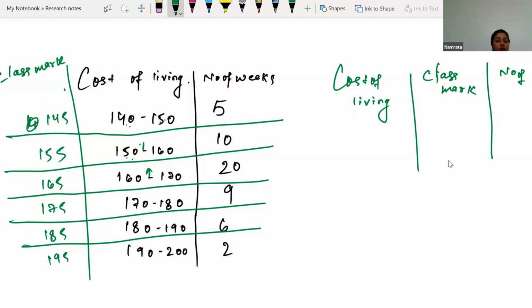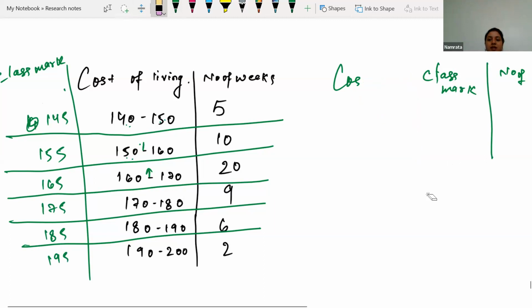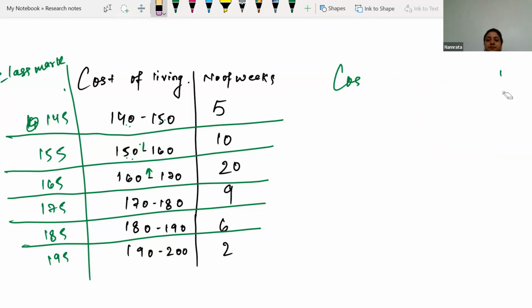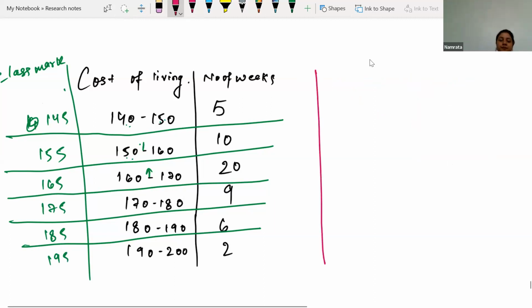These are the midpoints. On the right hand side, let's plot it. Intervals are 140 to 150.